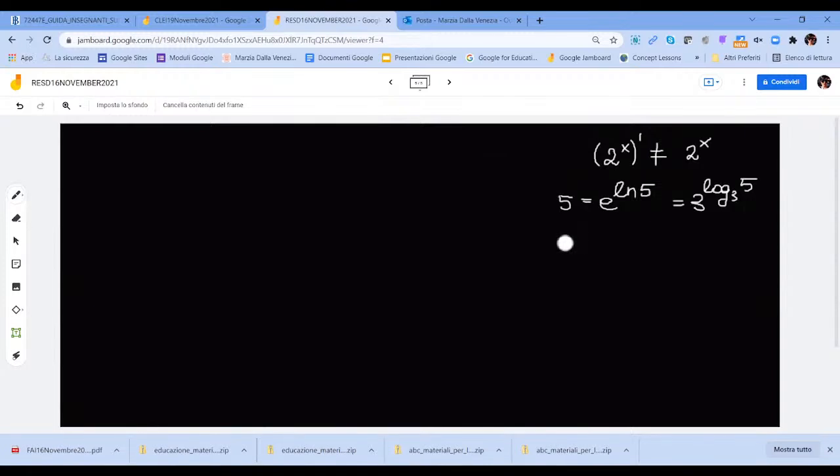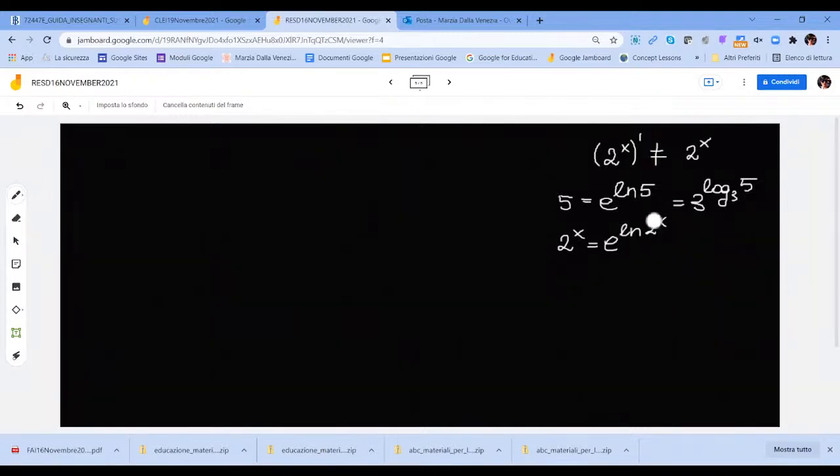So, how can you write 2 to the x? You can write it by using the natural base e to the natural logarithm of 2 to the x. But as you know, by the logarithm rules, the exponent of the argument can be seen as a multiplicative factor in front of the logarithm.